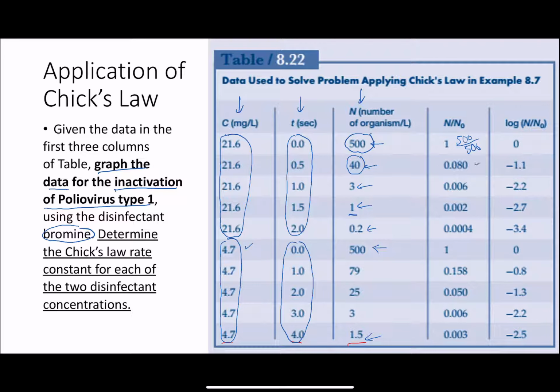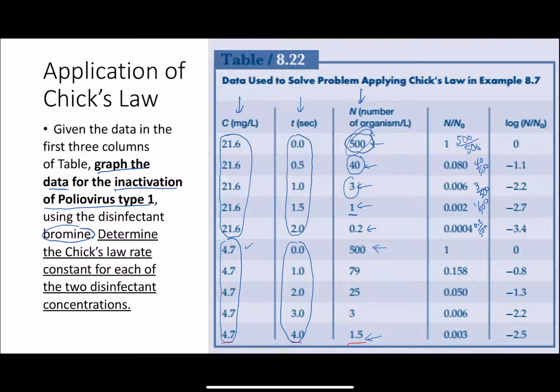So this is 40 over 500. Next, 3 over 500. N naught will not change. The initial number will not change. The only thing that will change is Nt. And this is 1 over 500. And this is 0.2 over 500.